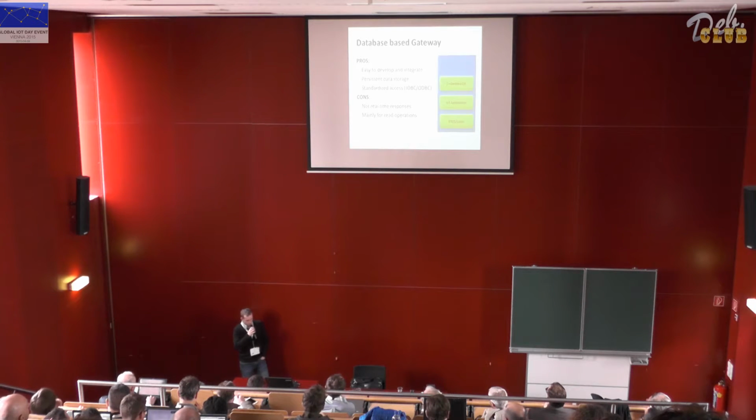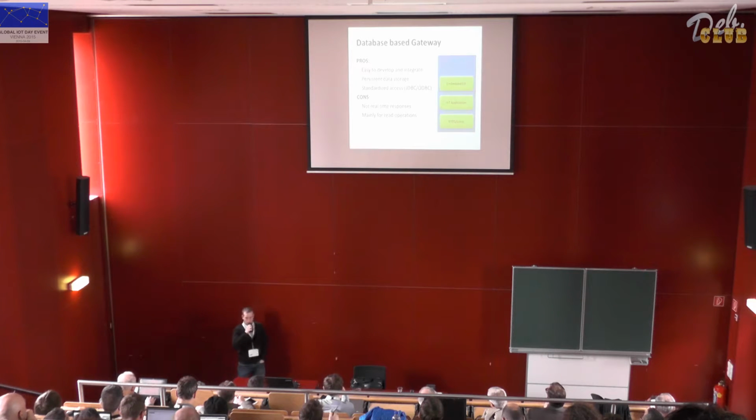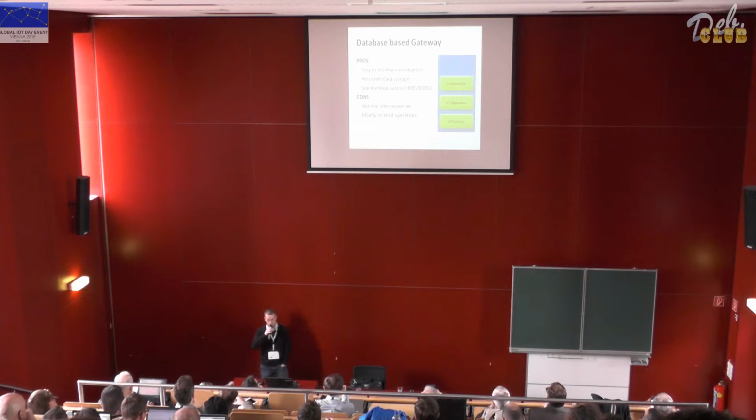From the architectural point of view, the easiest gateway, if you would like to integrate it further into the ERP system or business warehouse system, is the database gateway. You will use a real-time operating system. You will run the IoT application, which will simply update the database table, which you will then integrate into the system later on.